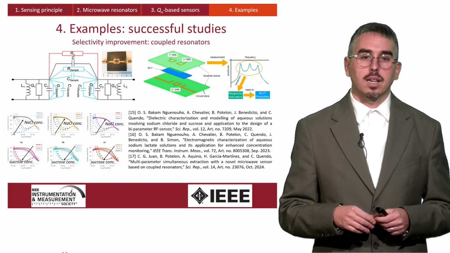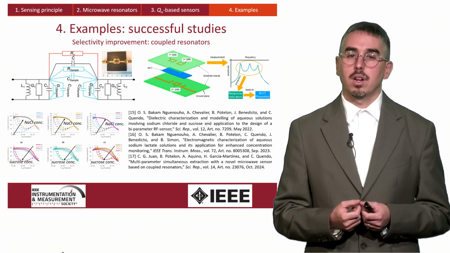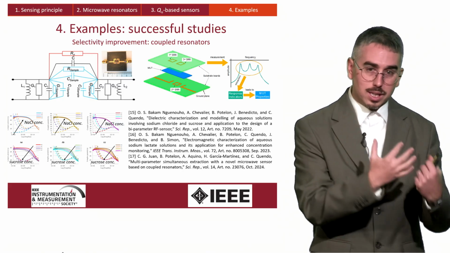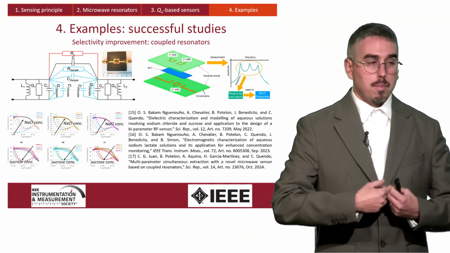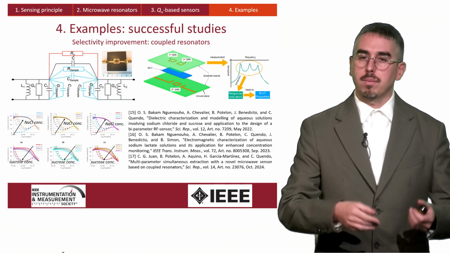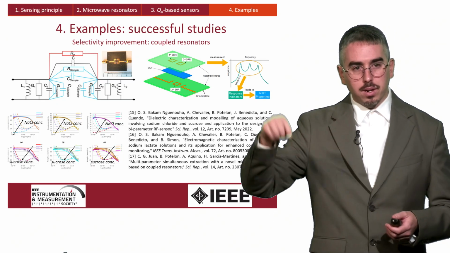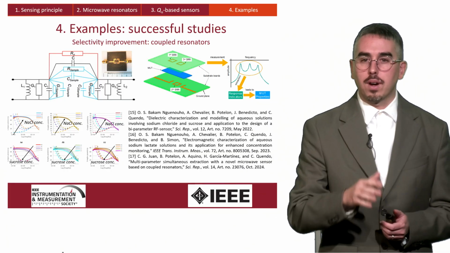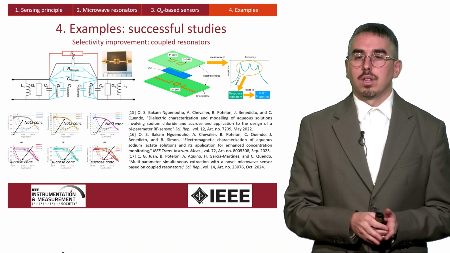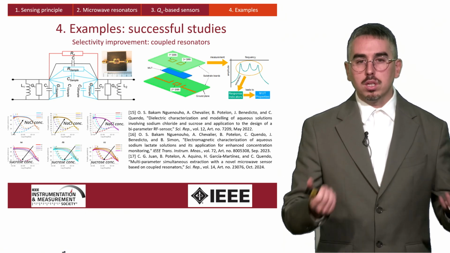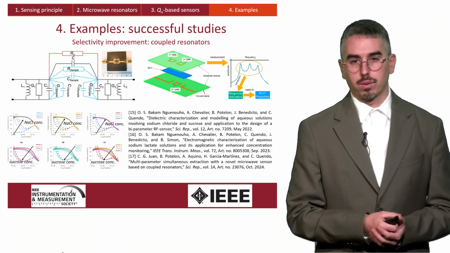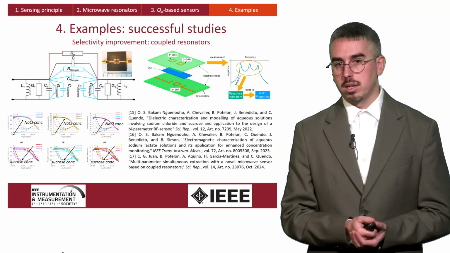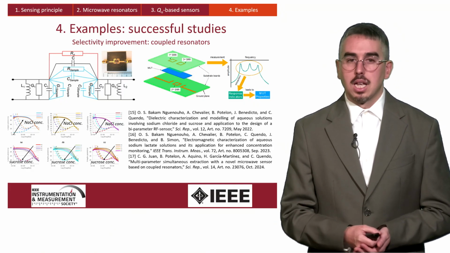For example, we can still use several coupled resonators, but not only to increase the sensitivity, but we can make the most of them by analyzing the different resonance peaks, the different resonance frequency, quality factors, and so on, so that we can obtain multiple indicators from the response of the sensor that can be related to multiple parameters from the sample.